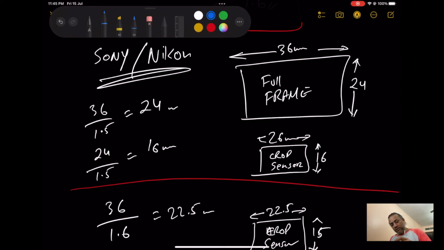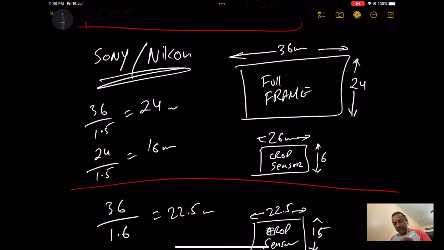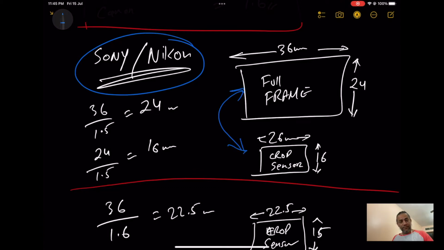For 1.5, which applies to Sony and Nikon, 36 by 24 will be scaled down by 1.5, which gives you 24, actually, sorry, this is 24, not 26, so 24 by 16 millimeter.